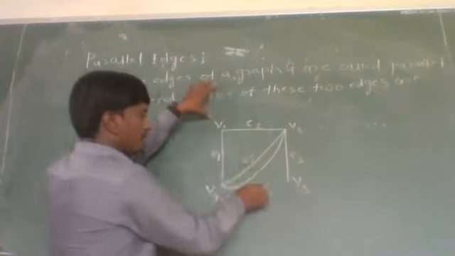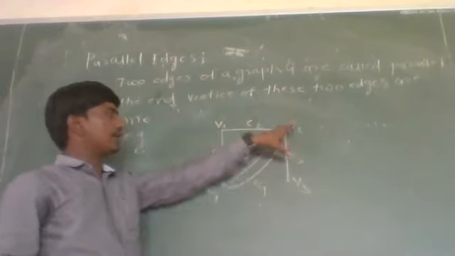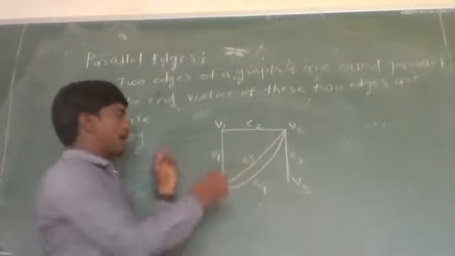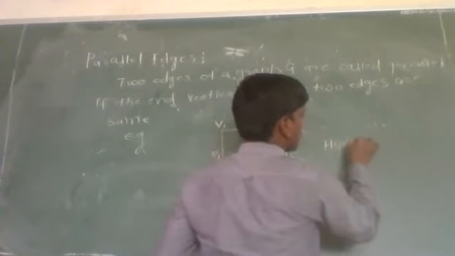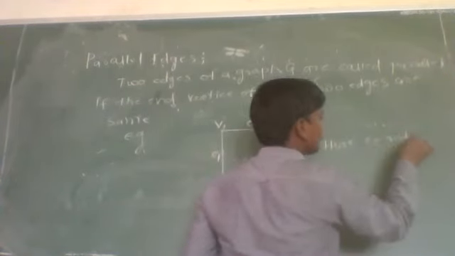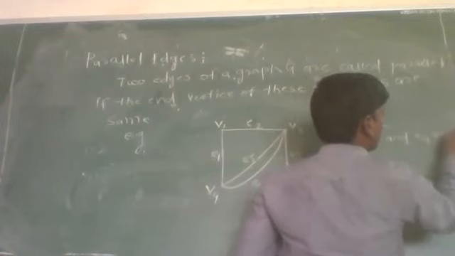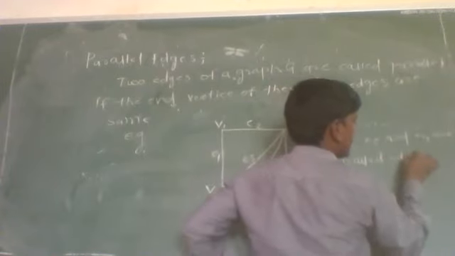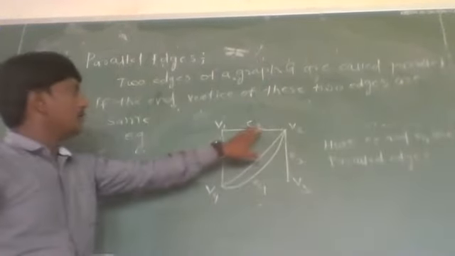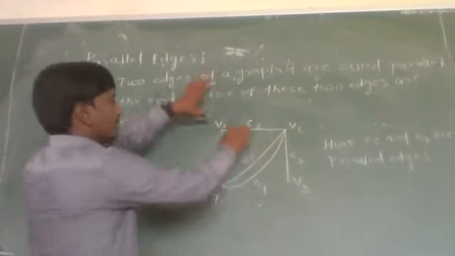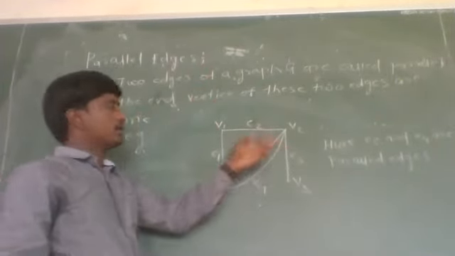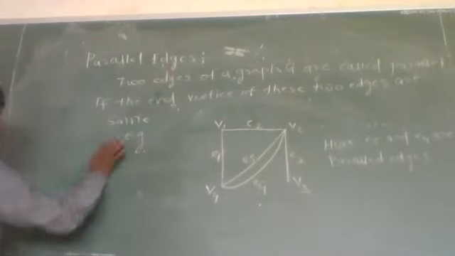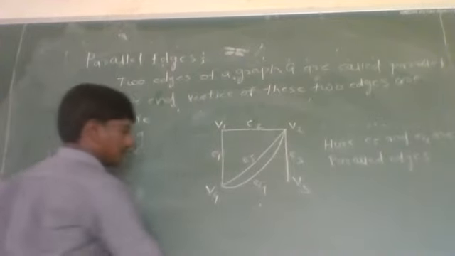That is, E4 and E5 are two edges whose end vertices are the same. Hence, E4 and E5 are parallel edges. But E2 and E3 are not parallel. Now let us see what are adjacent edges.